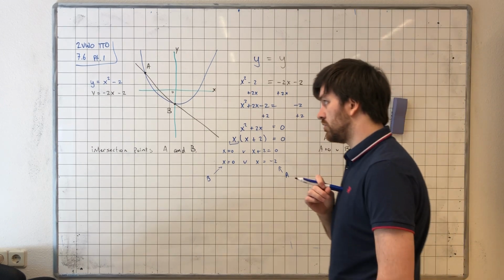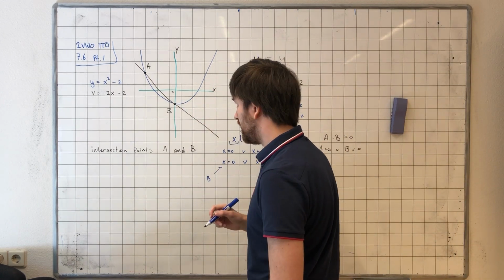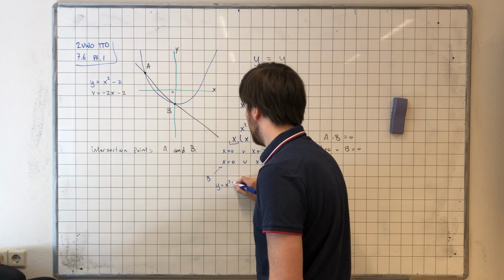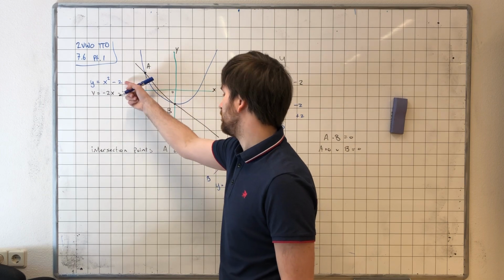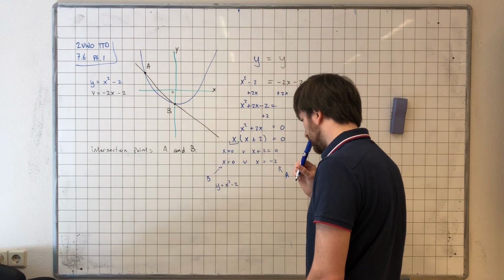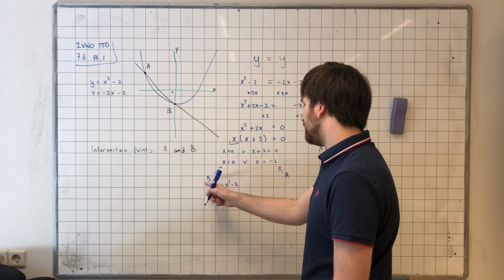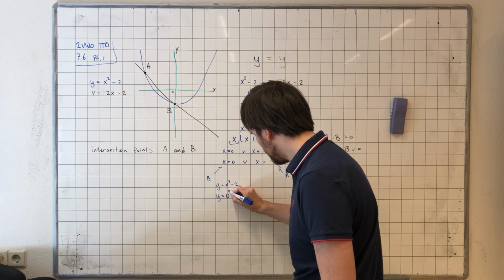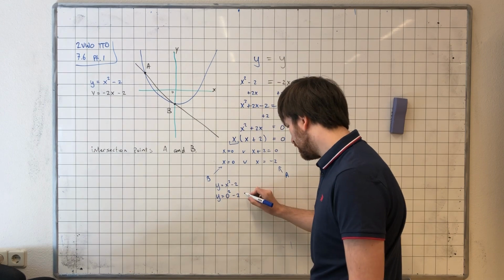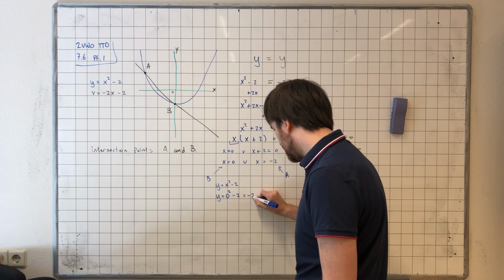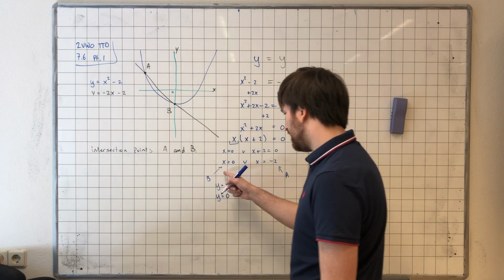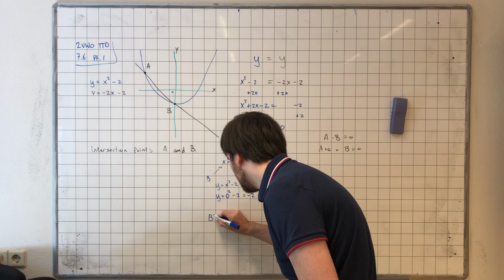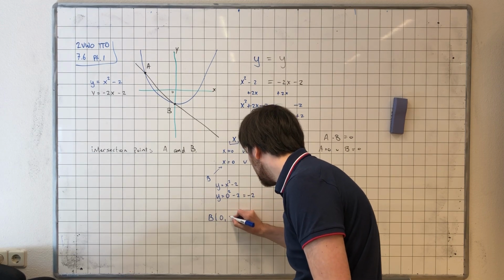Let's choose the first one. I'm going to use y equals x squared minus 2. I could have also used the other one, but I just like this one. If I fill in B, I get y equals 0 squared minus 2. 0 squared is just 0, minus 2, so minus 2. So now I have an x coordinate of B and a y coordinate of B, so point B is the coordinate (0, minus 2).